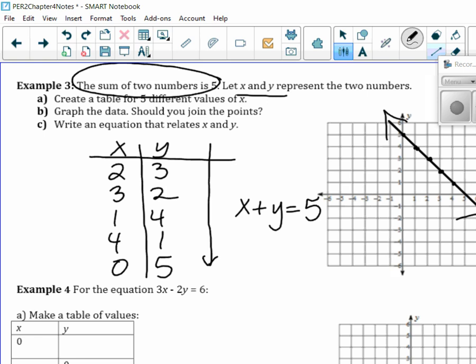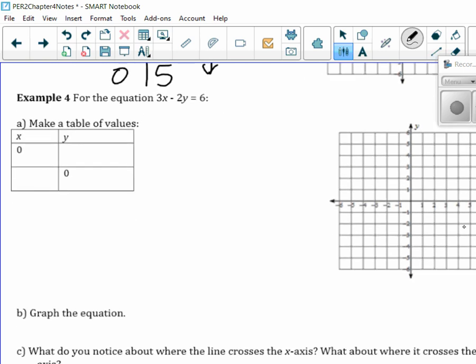All right. Now, this next example, sometimes people have trouble with this, and it's because I'm giving you certain points that you have to get. When they give you certain points you have to get, it may be easier, instead of solving for y, to put it directly into the equation.